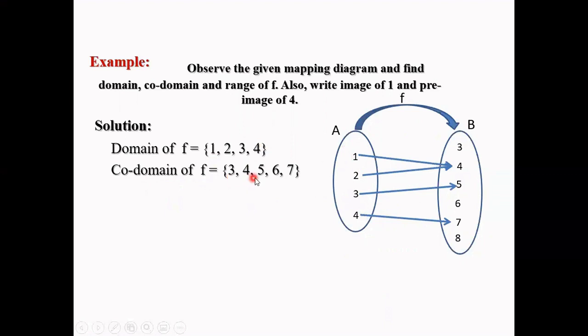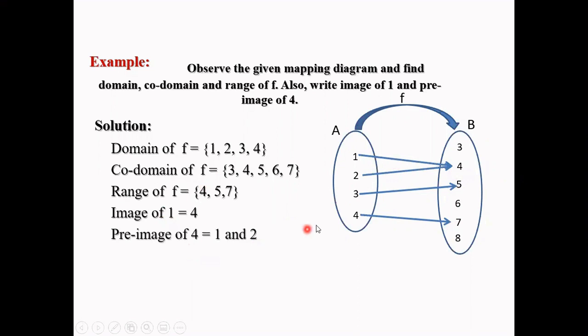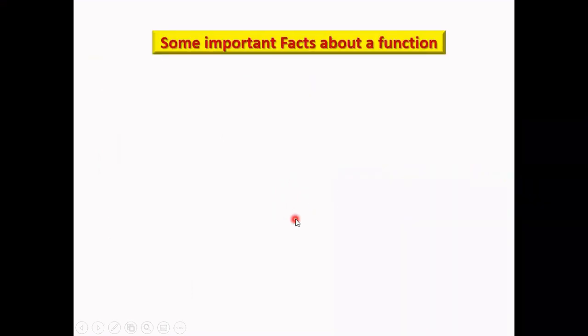The elements are 3, 4, 5, 6, 7. Range of f is the set of all images, that is 4, 5 and 7. Image of 1 is 4. 4 has two pre-images. Pre-images of 4 are 1 and 2.